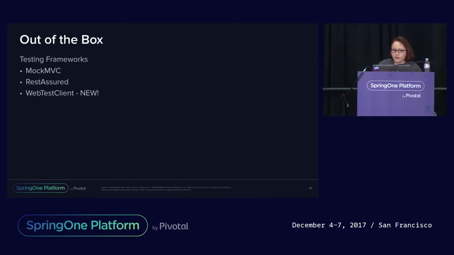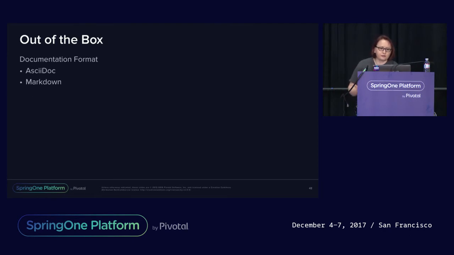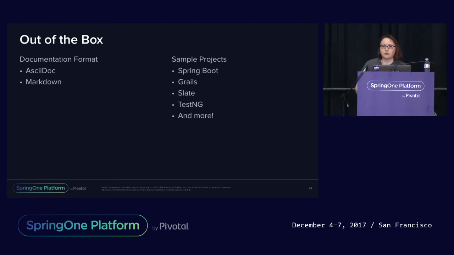Okay. And of course, I'm a Groovy person, so my examples are Groovy and Spring Boot and Gradle. But that's not a limitation. There are, of course, examples and everything else with Maven as well. Okay. So I'm mostly going to focus on the AsciiDoc part, but if you really want to, you can use Markdown too. And if you get lost along the way, or if you're using a different framework, there are lots of sample projects on GitHub included in the repository.